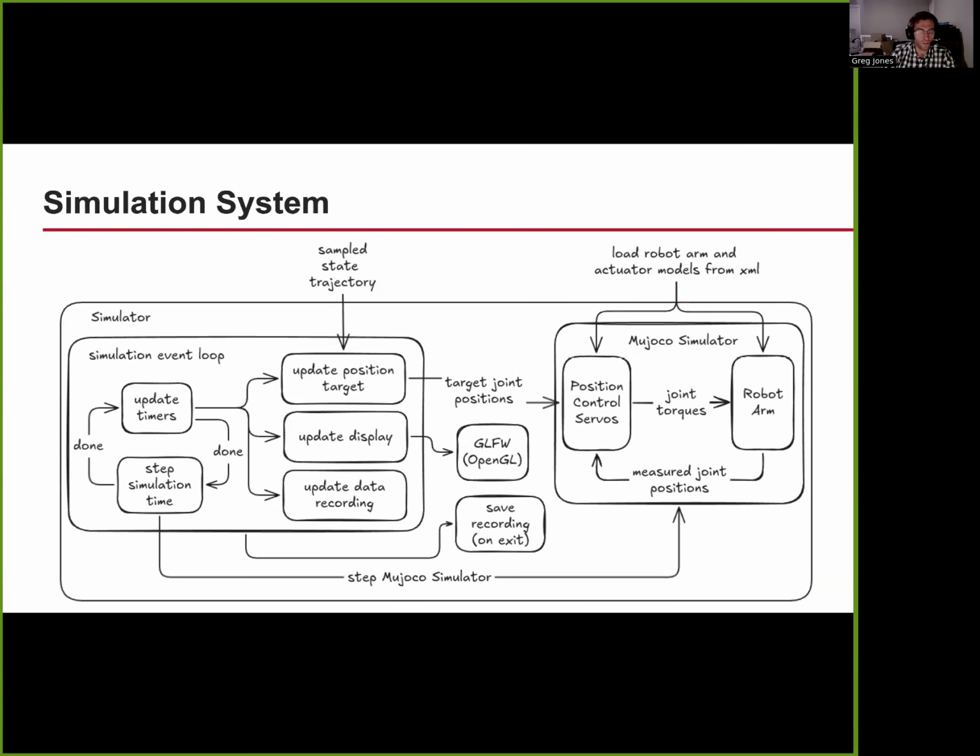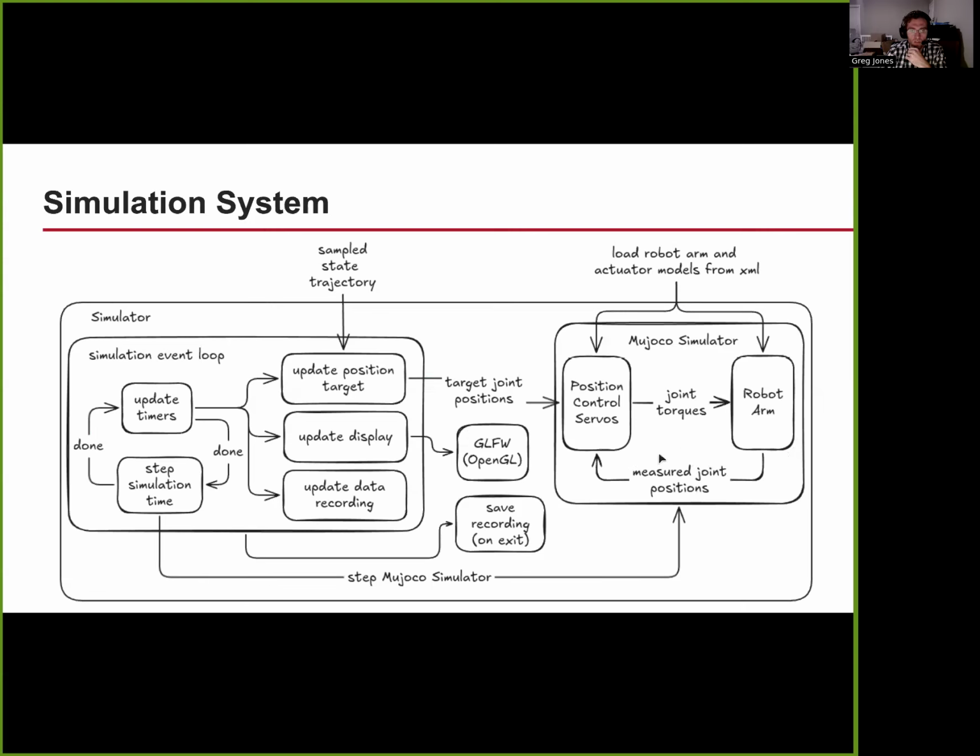For the simulation system, I created a simulator class that included two main parts: the simulation event loop and then a MuJoCo simulator. The MuJoCo simulator took as input an XML file representing the model of the robot, which included the position controlled servos, as well as the physical model of the arm.